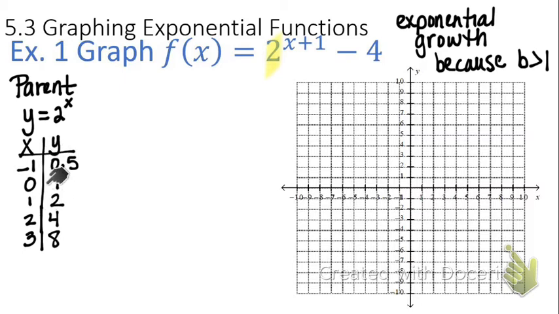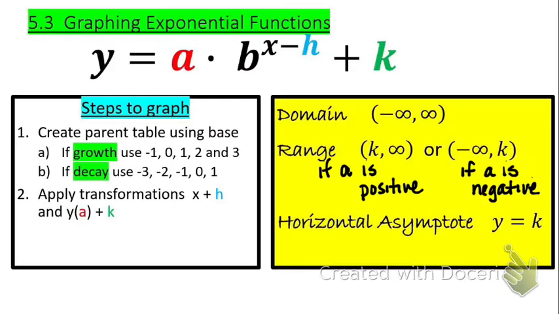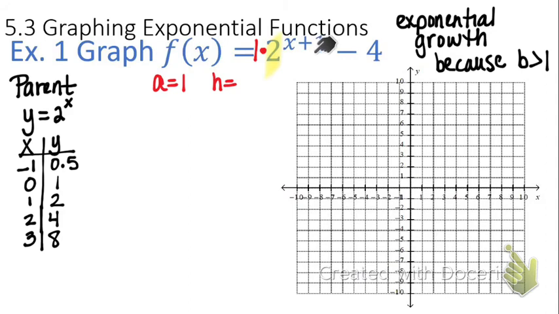So now we're ready to apply our transformation. Let's go ahead and look at this function. The a value is the number in front of the base. So in this example, a is actually 1. There's an invisible 1 right there. h is always in the exponent, but you have to flip the sign. So h is not positive 1. h is what?